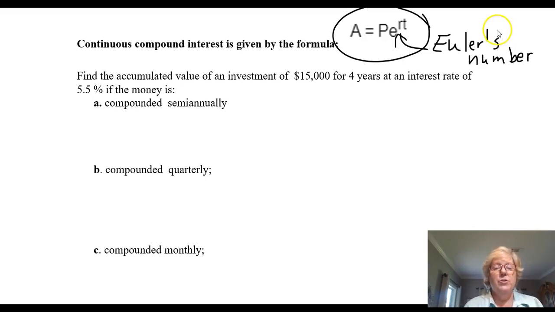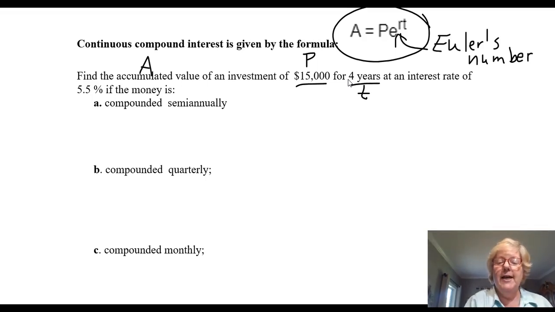Now let's go through some examples. We want to find the accumulated value of an investment. So we're looking for the A. The investment is $15,000. That's our P. That's what we start with, the principal. It's 4 years, so that's our time, our years. The interest rate is 5.5%.